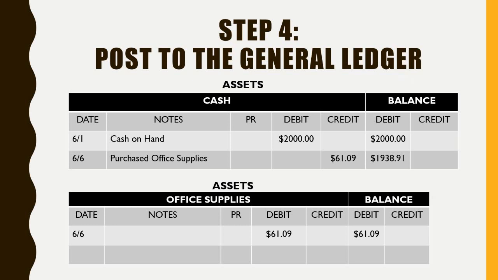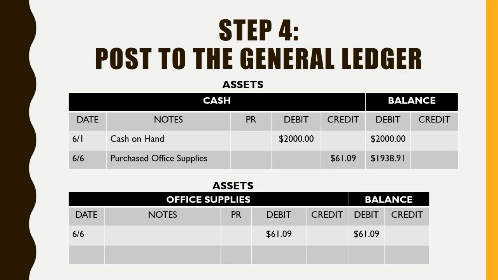So that's what I started with. And then I made the purchase of office supplies. So therefore, I spent cash, right? I have cash in my hands and I spent $61.09, which has updated my account to say that I should only have now $1,938.91 left. Okay? And then here, I also update my office supplies account.